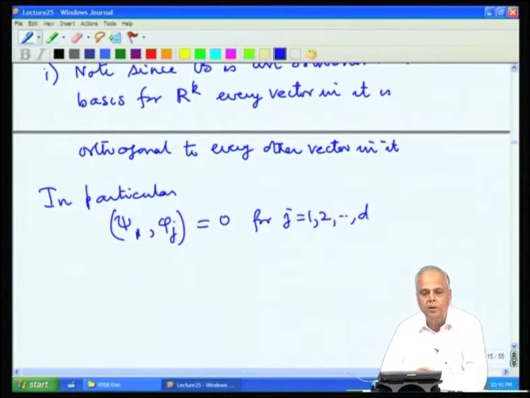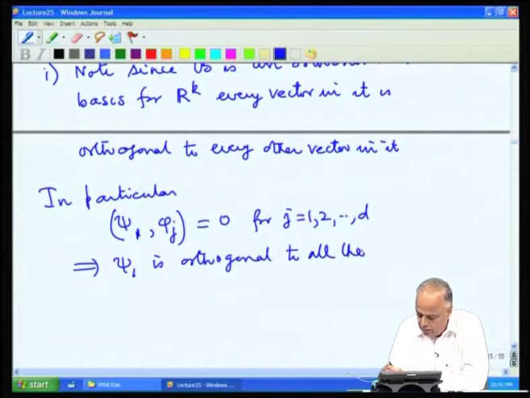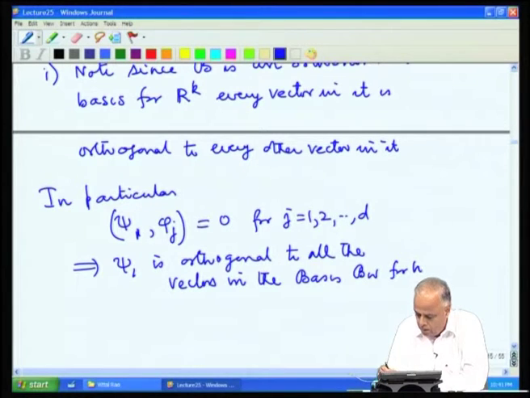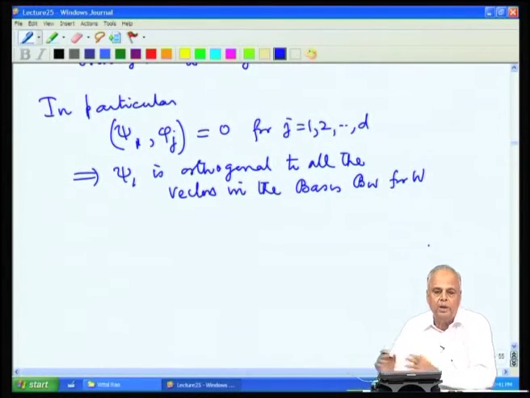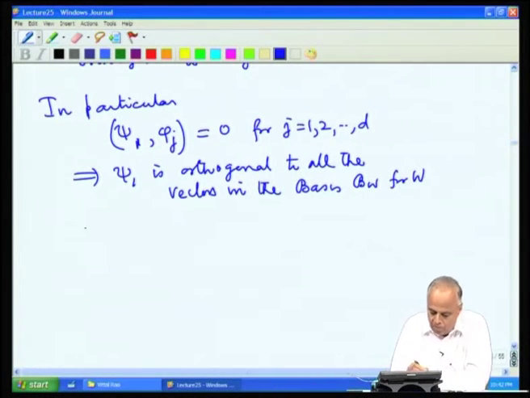So, psi 1 is orthogonal to all the vectors in the phi 1, phi 2, phi d group, but these phi 1, phi 2, phi d form a basis for W. This means psi 1 is orthogonal to all the vectors in the basis B W for W. And just a few minutes back we saw that if a vector is orthogonal to all the vectors in a basis, then it must belong to the orthogonal complement. So, that says psi 1 belongs to W perp.